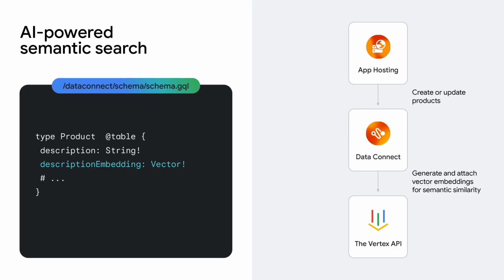Then, when your app updates or fetches products from your database, Data Connect automatically adds vector embeddings for semantic similarity powered by the Vertex API. When your customers search for products, your app queries for products using vector similarity. This way, your customers can easily discover all relevant products even if they aren't an exact text match.